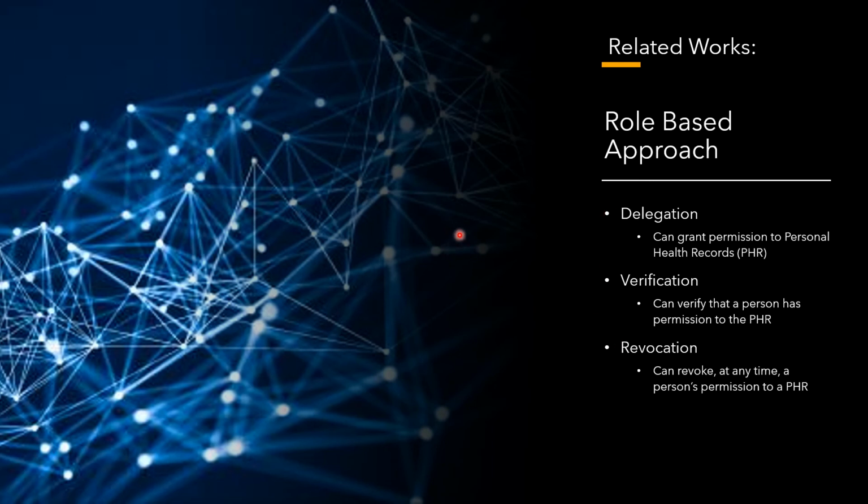So this system provides three functions. You have delegation, verification, and revocation. And so a person who has, say, the decryption key to this classified information, they are able to delegate permissions to people they want to work with. They can verify that this person has permission to access the information, and at any time they're able to revoke permissions.